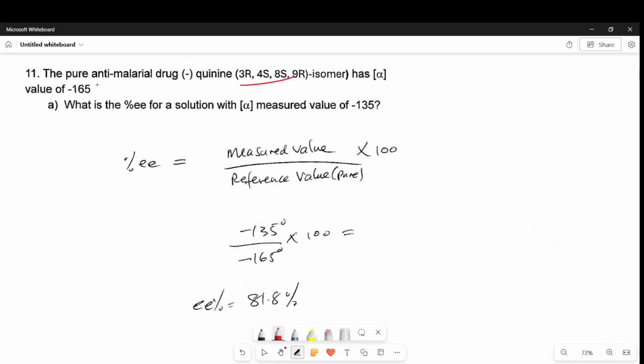This is a reference one, a pure one. And the question is asking you, what is the percent EE, percent enantiomeric excess? EE is enantiomeric excess.